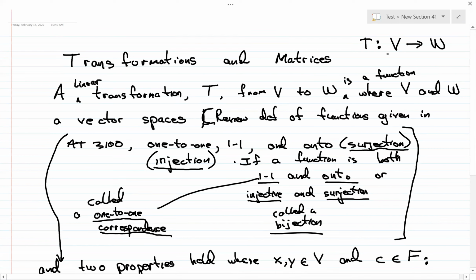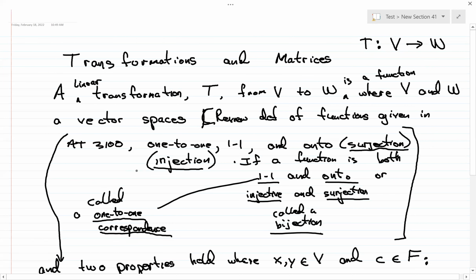But this notation doesn't tell you everything you need to know. It tells you the domain. It tells you the codomain. It tells you that this is a function. So what does that mean? For every vector in here, there's only one value assigned over there. But what it doesn't tell you is that T is linear.